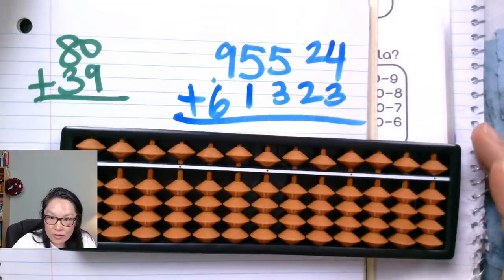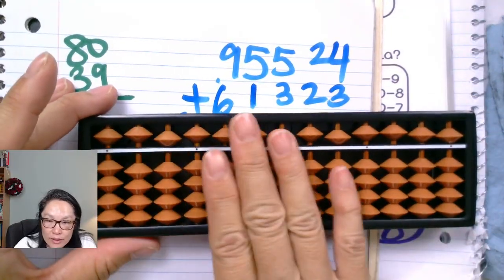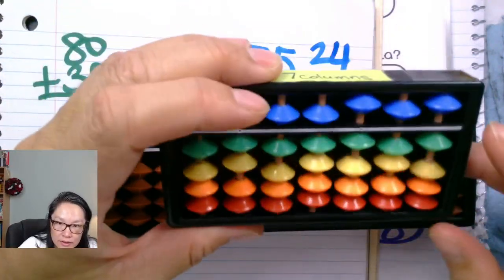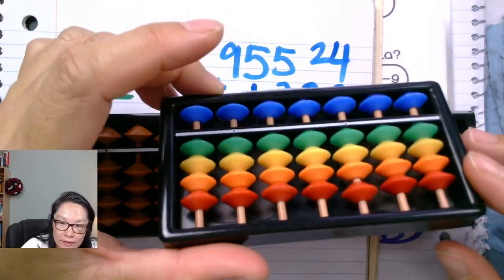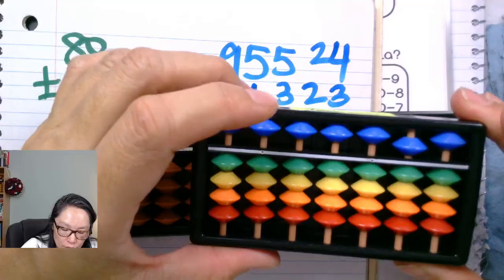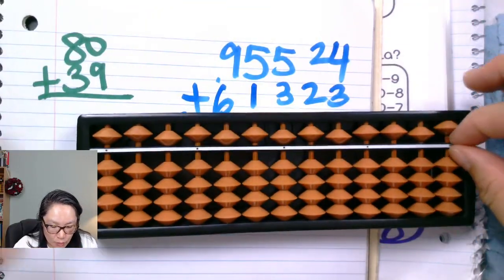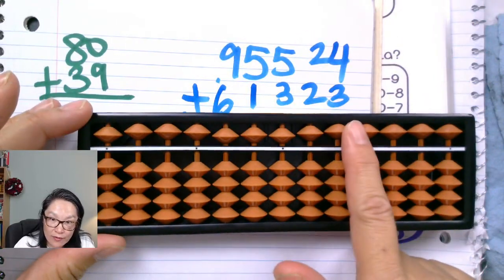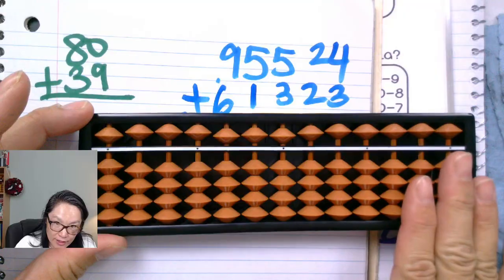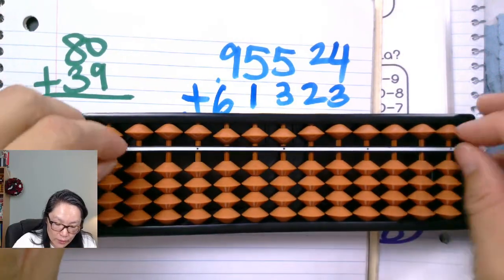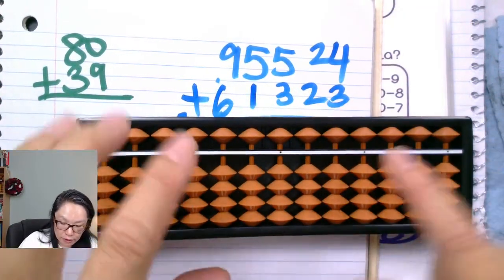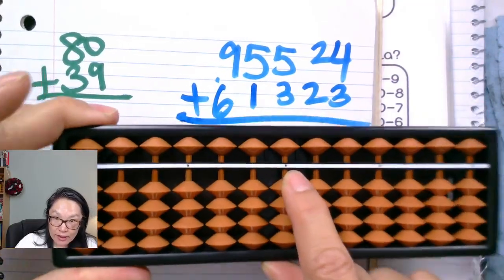So what's going to happen? The colors mean nothing. They're just pretty to look at. What I wanted to show you was these numbers, they're all the same. When we look at it, the top bead will always be 5. The bottom bead always has a value of 1. You'll notice I have my ones indicator.